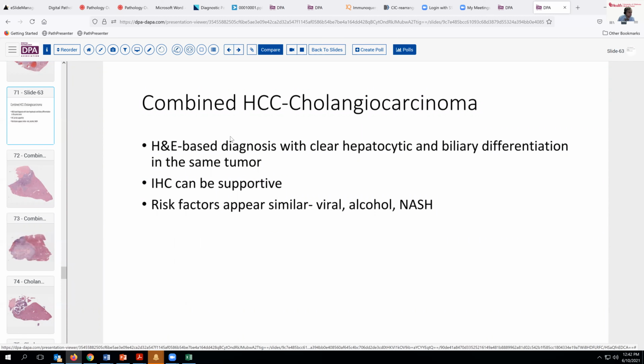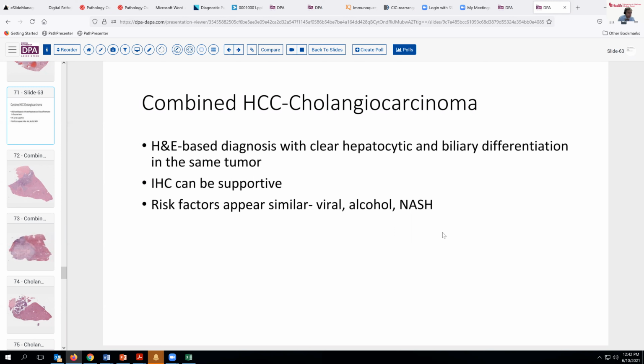So this is not something where you have to have the immunohistochemical changes seen, but you have the morphologic features where you have clearly hepatocyte, oncocytic type cells, and biliary small glandular cells in the same tumor. Immunohistochemistry can be supportive, but essentially you're just looking at a tumor like we have in other areas where you've got sort of divergent differentiation coming out of the same neoplasm.